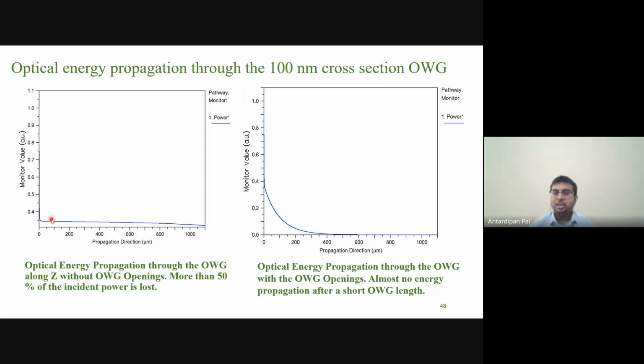Here you found as we scale down the optical waveguide cross section, this rectangular or square part, to 100 nanometer, which is much more than an electronic component, and again a large number, you see the optical power is almost lost, no transmission, 50% lost.